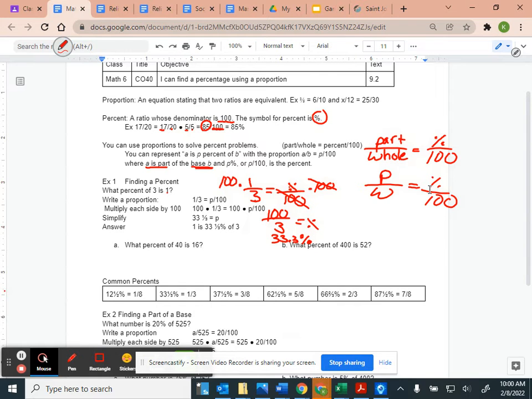So 1 is 33 and a third percent of 3. Does that make sense? We're going to keep doing examples of it, because when we first get a formula thrown at us, part over whole equals percent over 100, sometimes it takes a while practicing it to use it. Nolan?